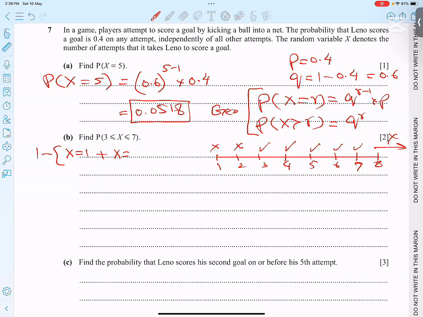So this is one method to do the question. And the second method we can do directly without long working. So let's try to do how we can do this one.